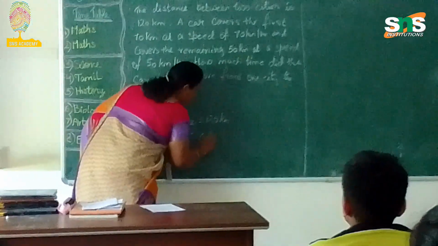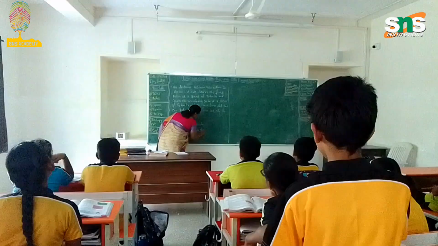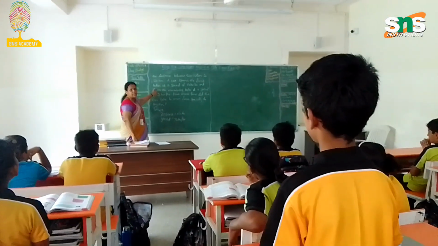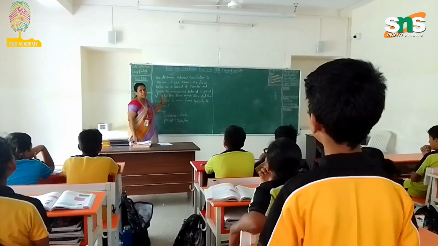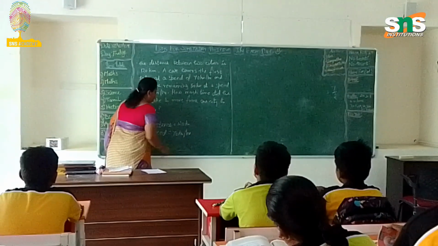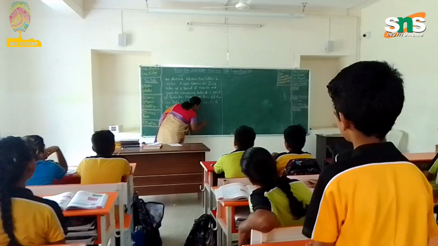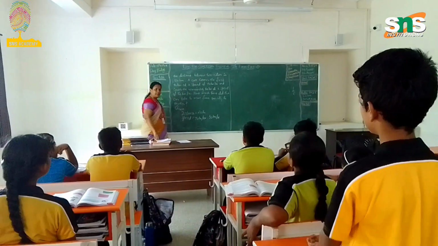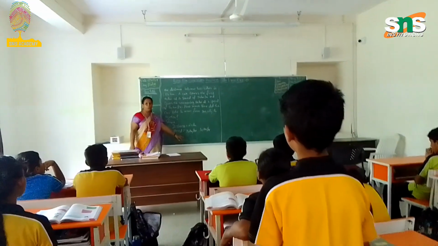The car covers the first 70 kilometers at a speed of 70 kilometers per hour. Okay. Then 50 kilometers per hour, during the remaining time is covering 50 kilometers per hour.